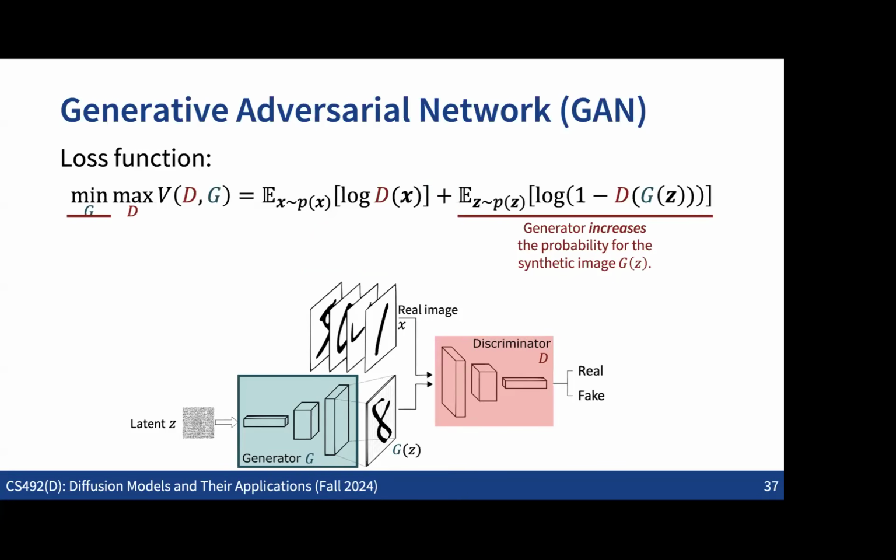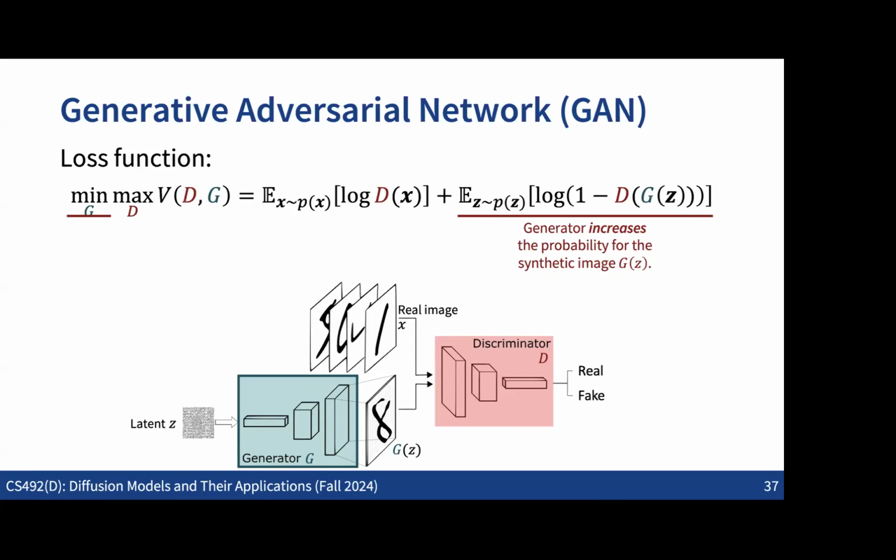We need to minimize the whole thing, which means increasing the probability for the given synthesized images. This is the objective function for the optimization. For the same formulation, the discriminator maximizes it, and the generator minimizes it.